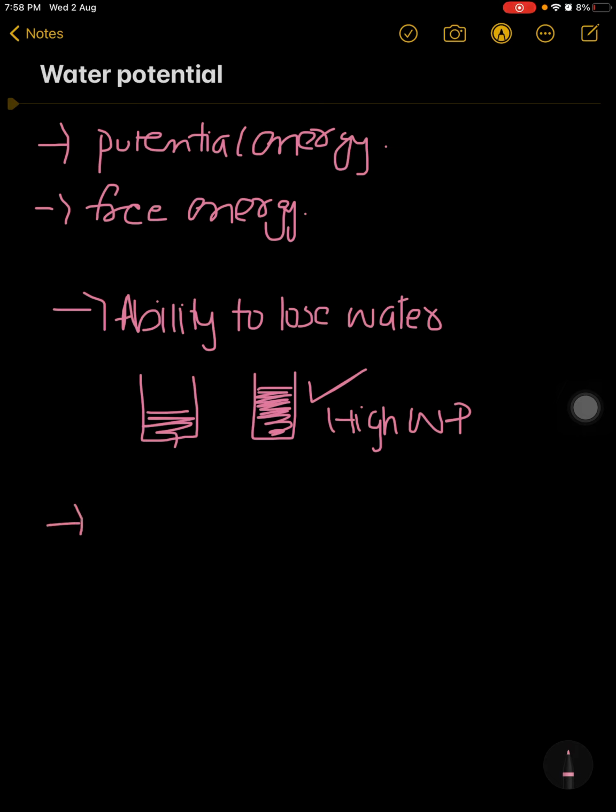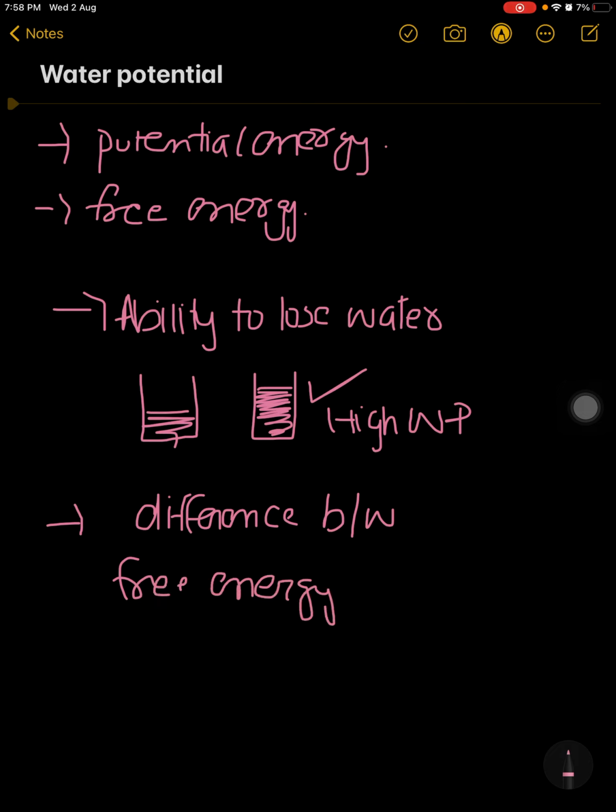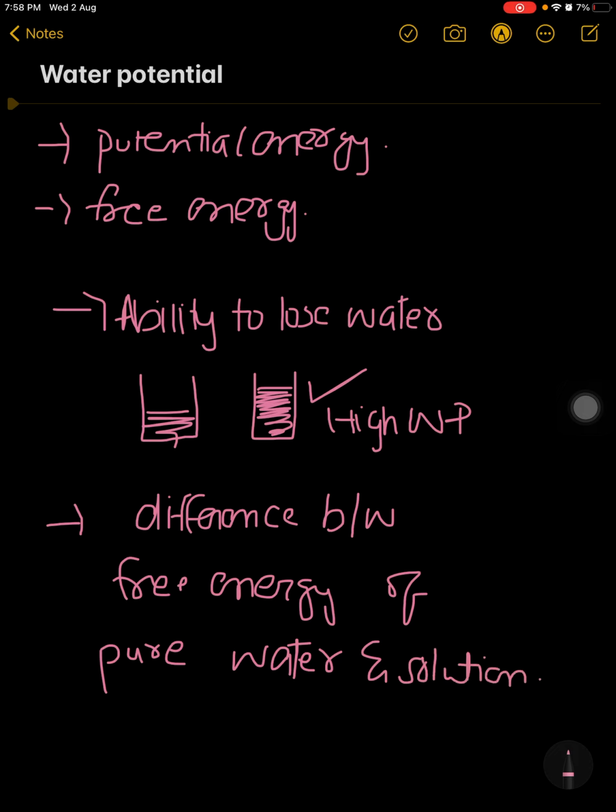Now you can also write the definition that the difference between the free energy of pure water and solution is known as water potential, right?